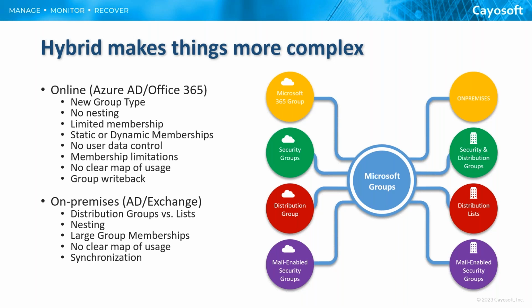And one thing I didn't mention on the on-premise side is that you can synchronize groups and group memberships to the cloud, which can cause some issues if there's no cloud equivalent user account, but there is an on-premise user account. You put them in an on-premise group that's synchronized, but they don't have an account in the cloud, it'll appear as if they're non-existent in the membership. And that's only going from on-premise to cloud.